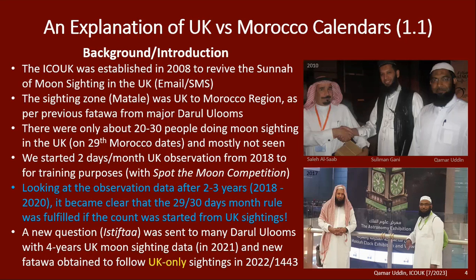And that's why in 2021, we wrote to all the major Darul Ulums who previously had issued us a fatwa to follow foreign countries. And they gave us permission that since the moon is possible to be sighted on the UK horizon in a reliable way, consistently, month after month, year after year, we should change to UK sighting, UK only sighting. So that's the background.